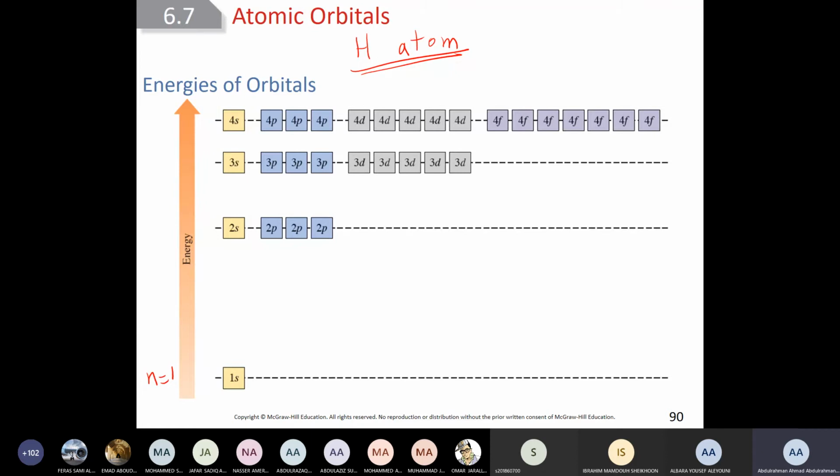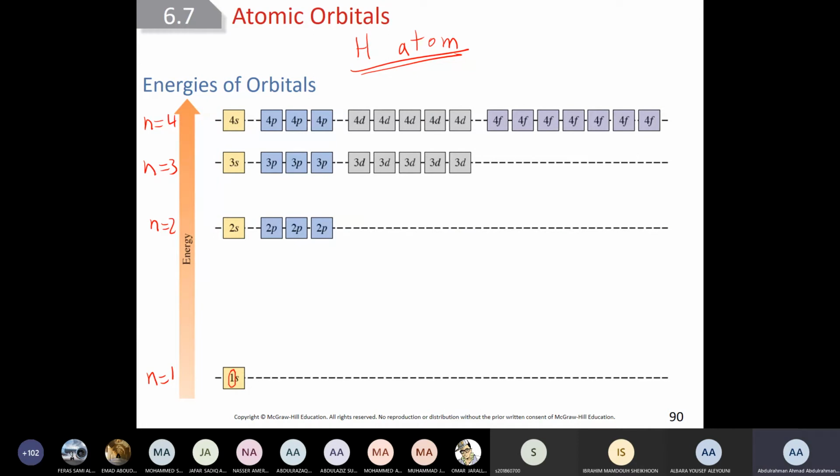So what's the value of n? The value of n is 1. Very good. We write it usually here.